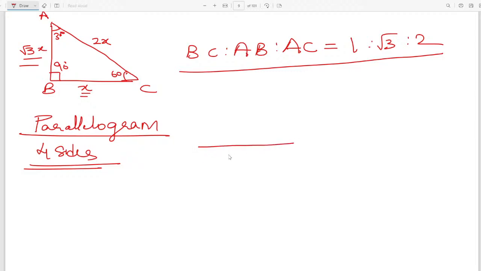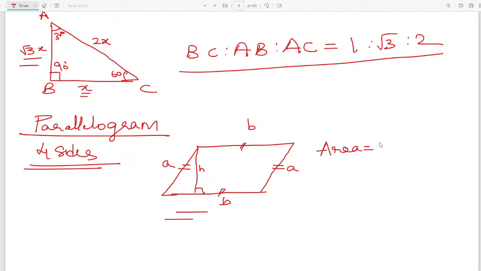If this side is parallel to this side, and the opposite sides are also parallel, and this side is A, this side is A, this is B, and this is B, this is called a parallelogram. If you draw a perpendicular from this vertex to this base, this will be the height. So the area of a parallelogram is given by area is equal to base into height.